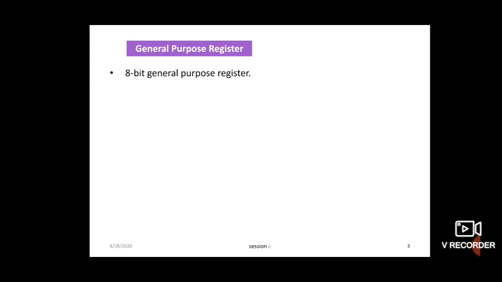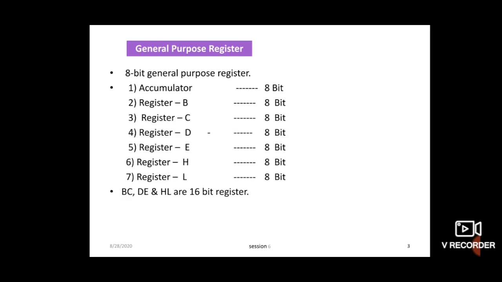The register capacity is 8-bit, meaning only 8-bit data is stored. The registers are accumulator, B, C, D, E, H, L. These are the general purpose registers, used to store data at program execution time.